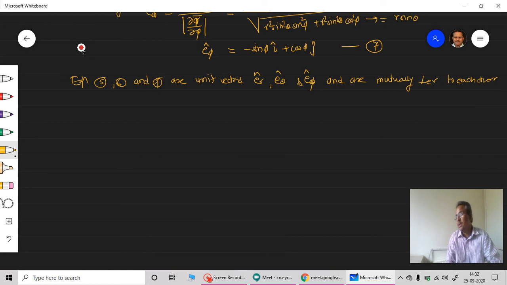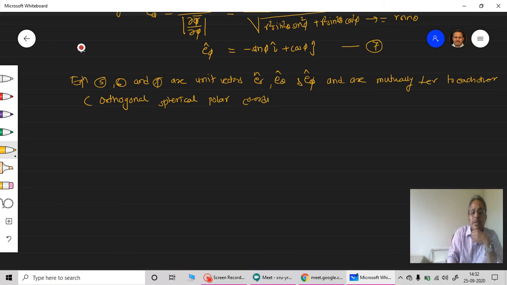That is what our system is, an orthogonal spherical polar coordinate system. So this system is orthogonal spherical polar coordinate system. That is the meaning of that.